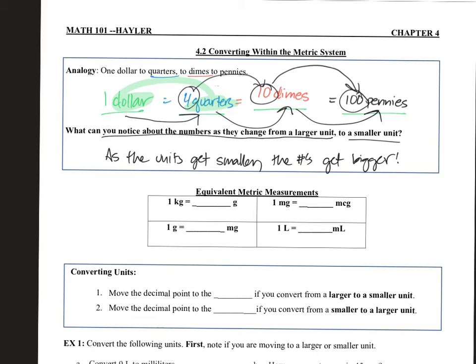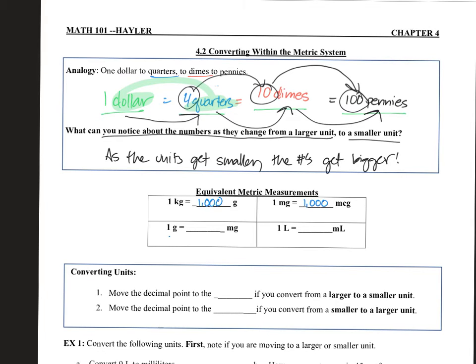Let's go ahead and fill in the equivalent metric units. So 1 kilogram is going to be the same as 1,000 grams. Okay, and then 1 milligram is going to be the same as 1,000 micrograms.